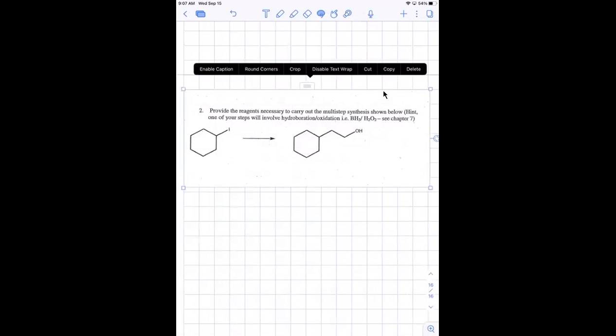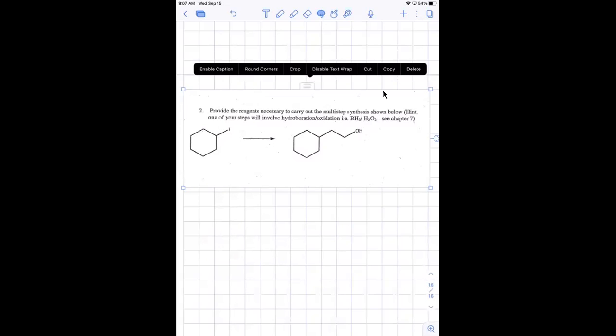All right, so this problem is going to require a couple of steps. We're going to have to do a retrosynthesis to get to the immediate precursor of the product. So we have to break this down by working backwards.